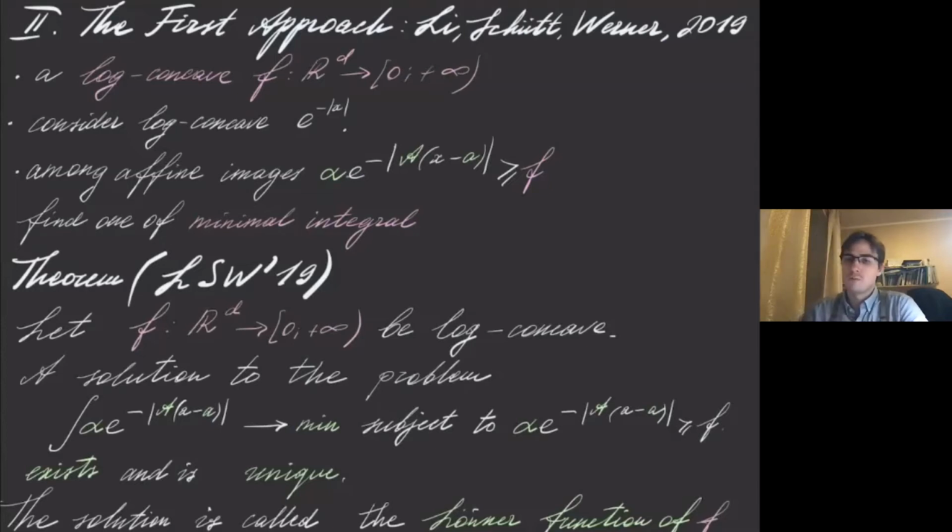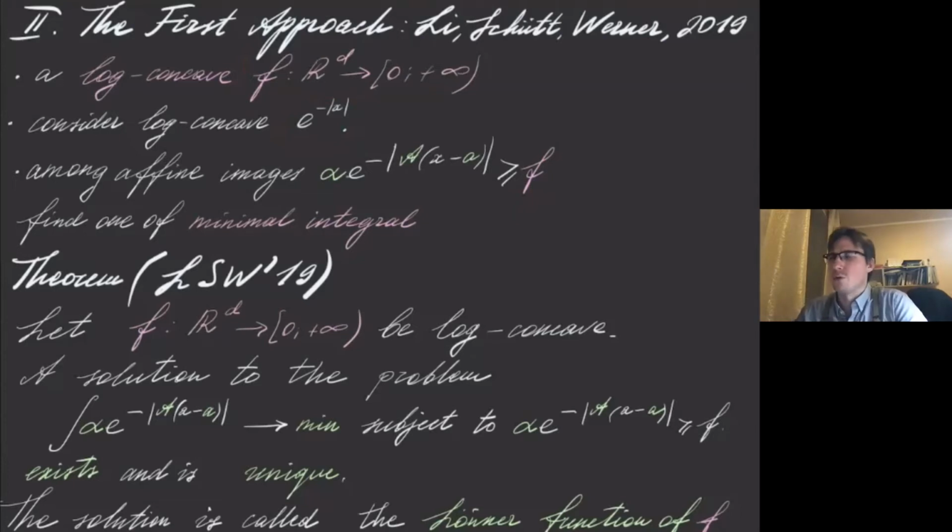In some sense, the dual problem is finding the John function of a log-concave function f. This problem was solved 2 years ago, in 2018. Here you are looking for an affine image of this thing that is pointwise at most f.